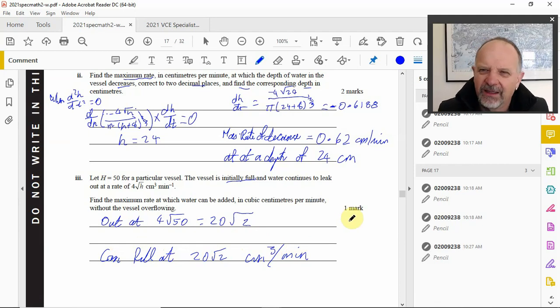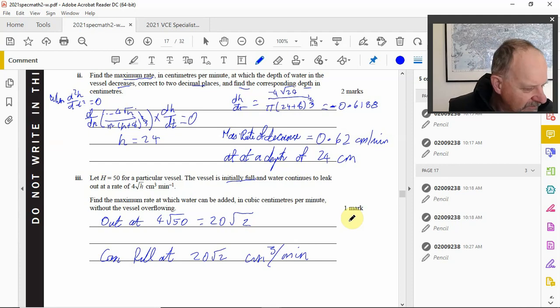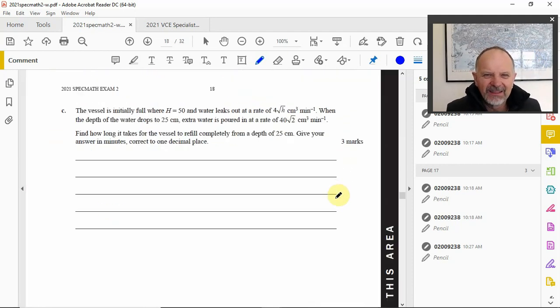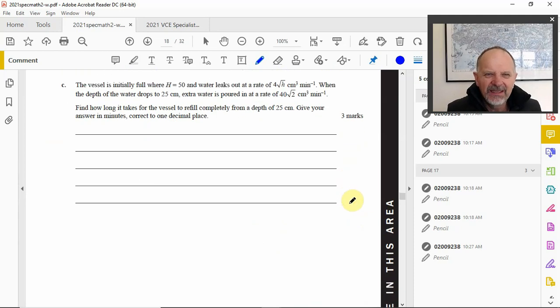And then inflow and outflow will equal each other, and it would remain at the same level, which is full. All right, there is a last part to this question, part C.